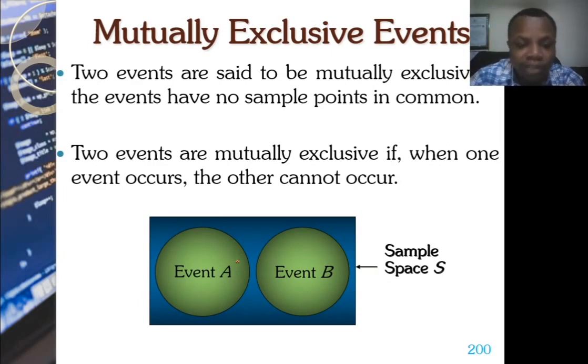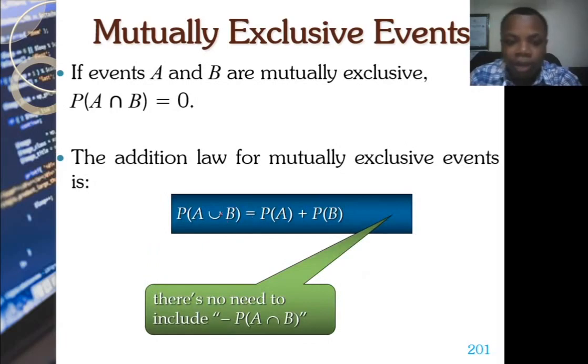So in this case, if we like to estimate the union between these two events, we are just going to have probability of A plus probability of B. And this time we are not going to include any minus probability of the intersection, because there's nothing common between these two events. So the probability of A intersection B will be equal to 0 in this case, because they are mutually exclusive events.